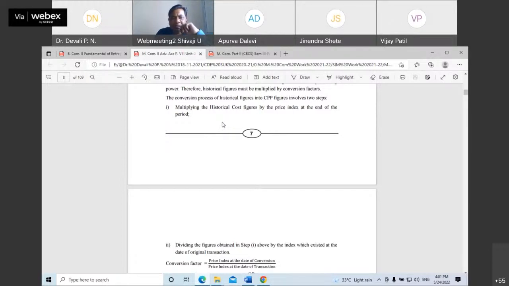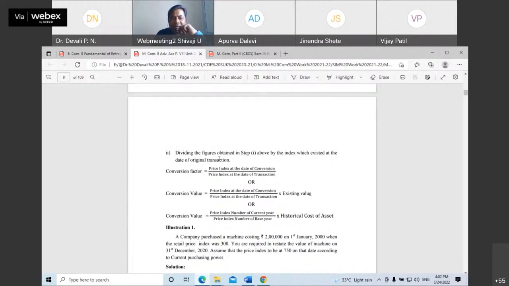It means you have to multiply the historical cost figures by the price index at the end of the period. Whatever index you know, whatever price level you know, you have to consider, and that can be used for the multiplication with the historical cost which is available in the business.